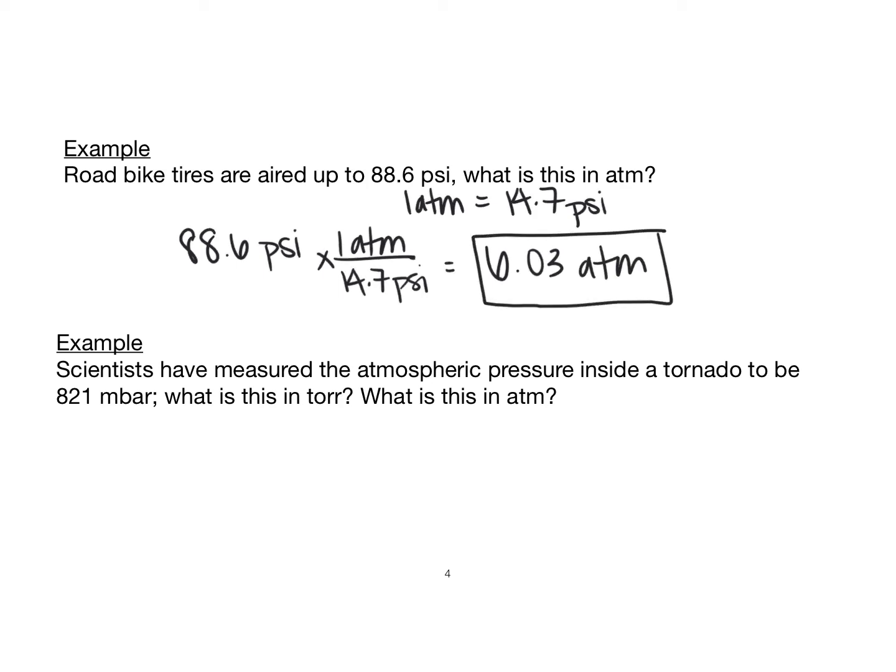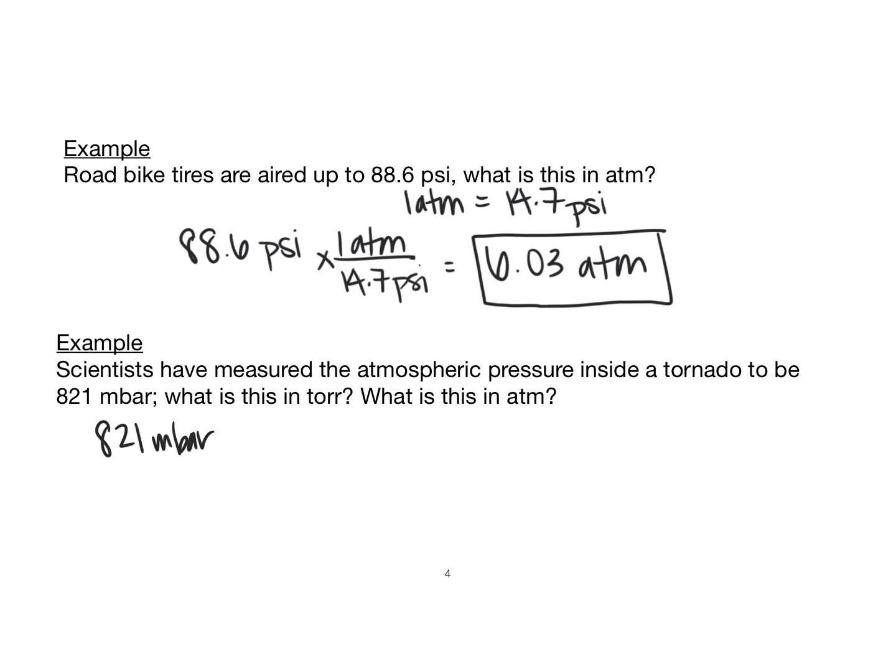We can now do a similar conversion, but for a different value. Scientists have measured the atmospheric pressure inside a tornado to be 821 millibar. What is this in torr and what is this in atmospheres? So we're going to take our 821 millibar.